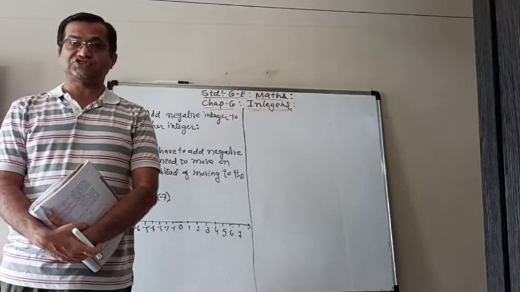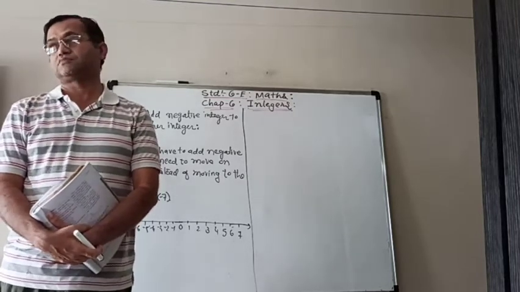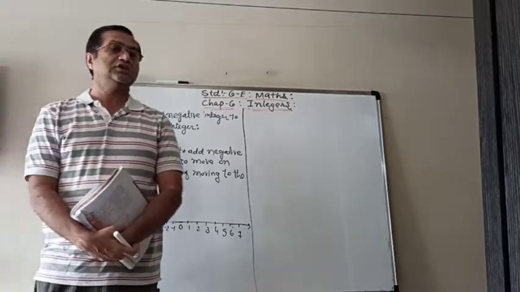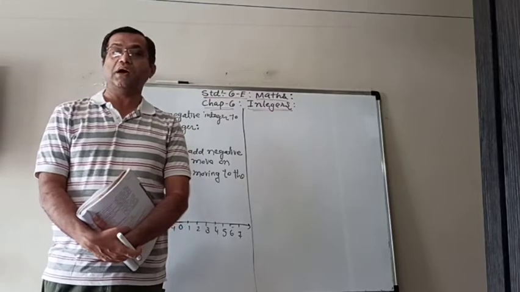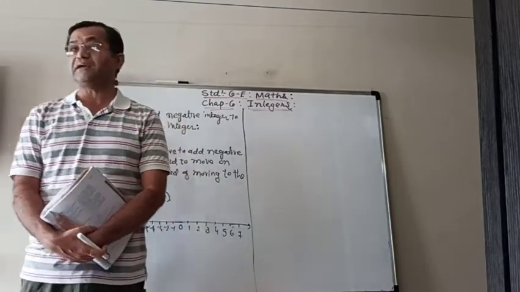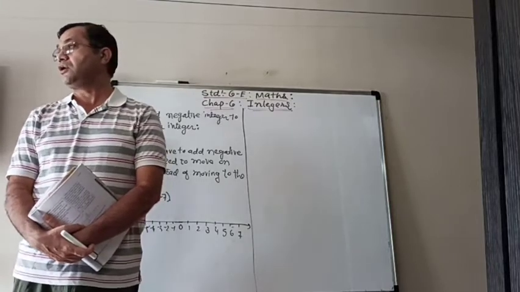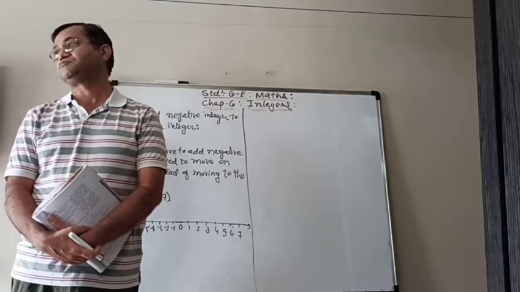In integers, chapter number 6, we learned in the last session about adding and subtracting integers on a number line.